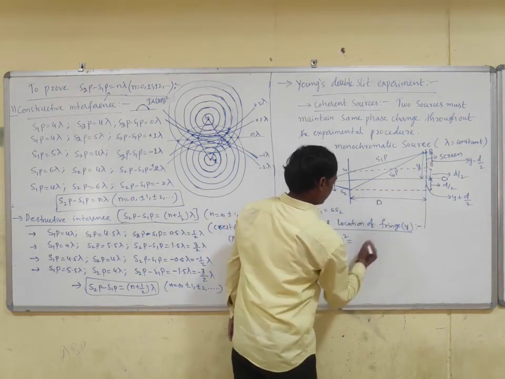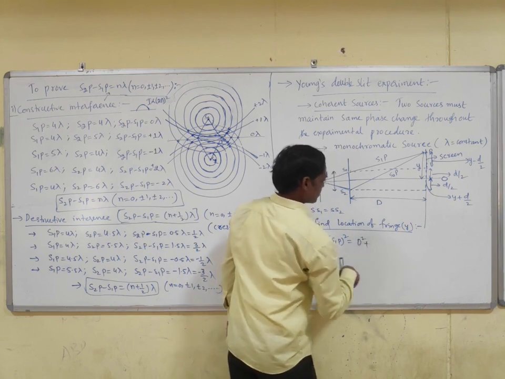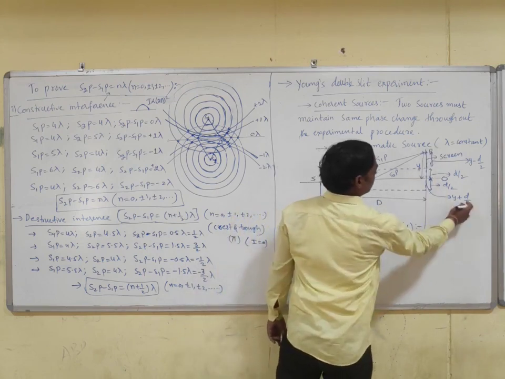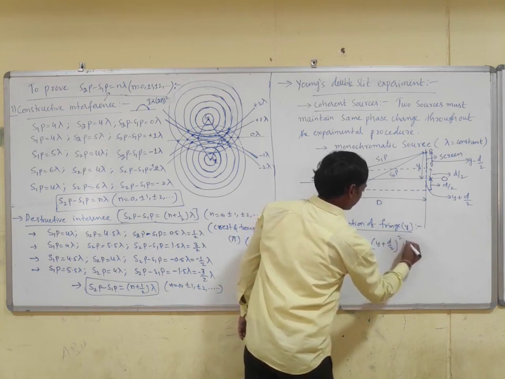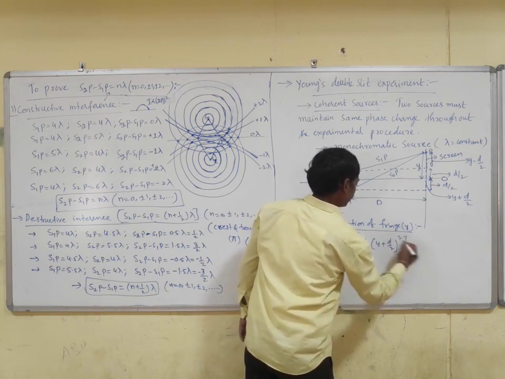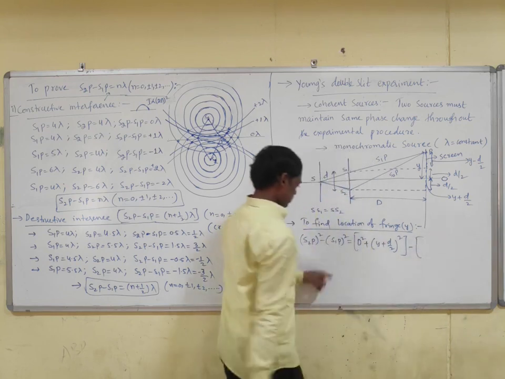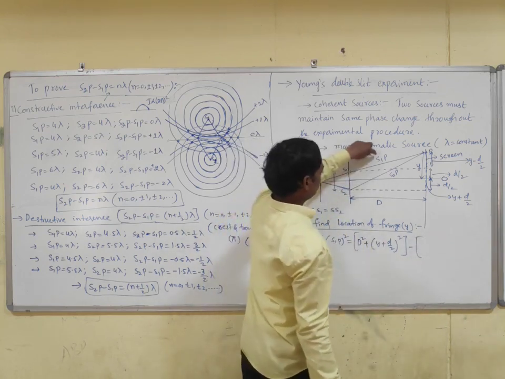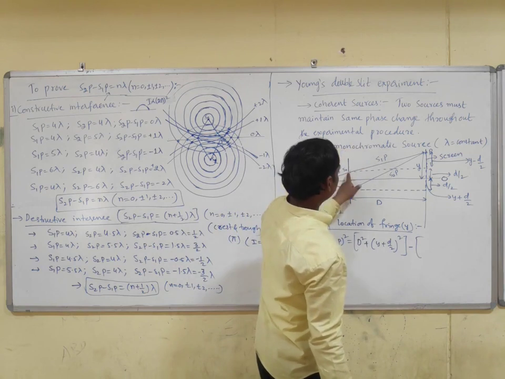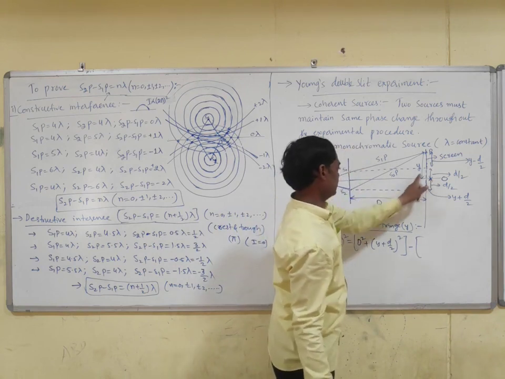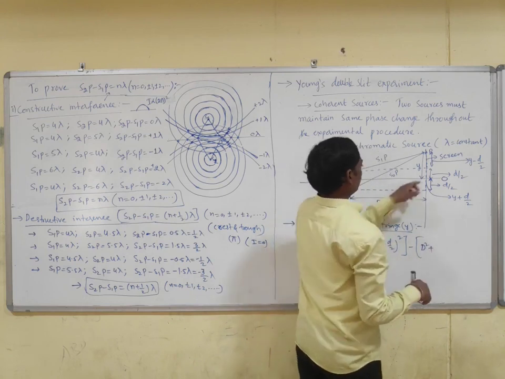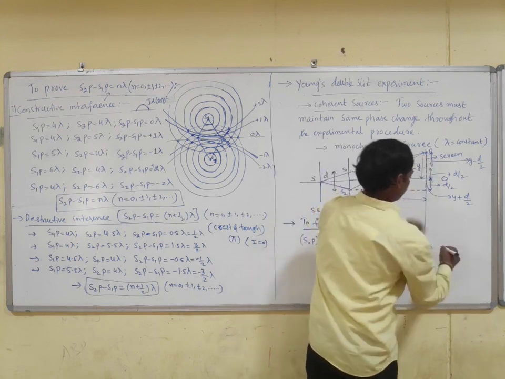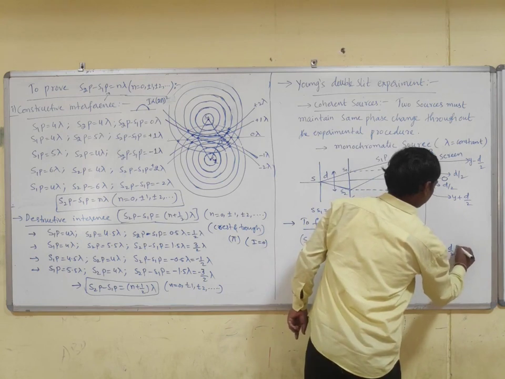This is D square plus this height, Y plus d by 2 whole square, minus S1P square. This is the hypotenuse and this is the side, it is again D square plus Y minus d by 2 whole square.